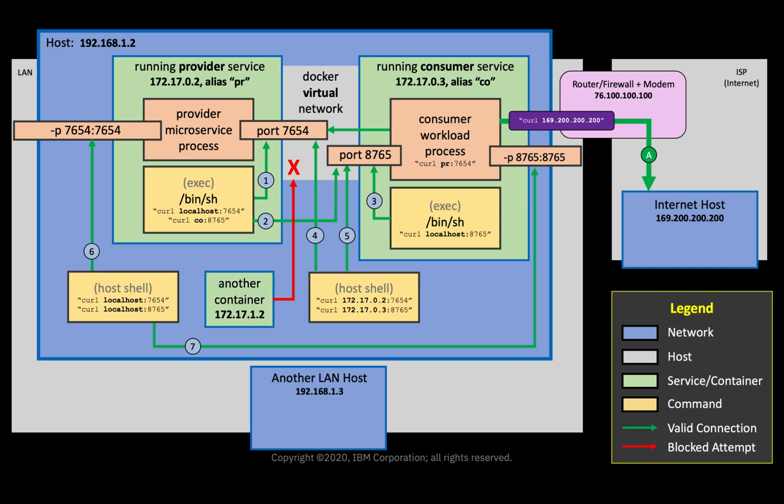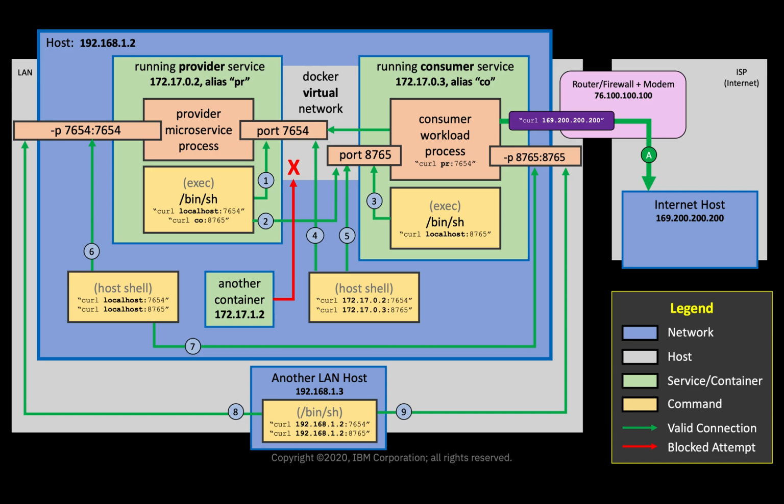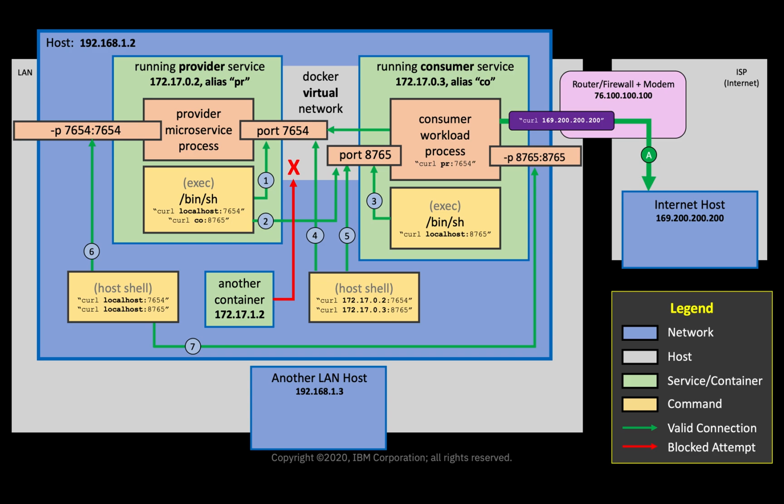Now, if there's another container running on the host, whether it's deployed by the Open Horizon agent or whether it's deployed manually, that container cannot see the Docker virtual network. So the red arrow and the red X indicate that that container cannot reach that virtual network, so it cannot access port 7654 or 8765.